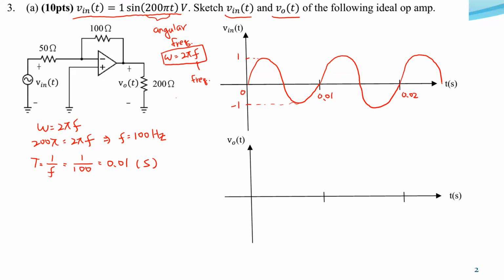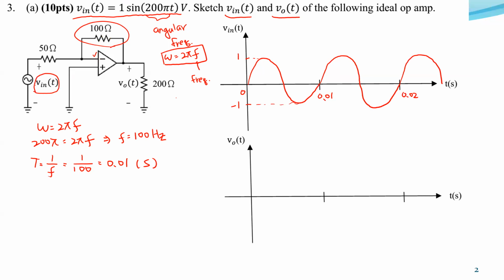And then we look at this amplifier. In this amplifier, it has a negative feedback that connects to the negative terminal, because for an operational amplifier, we always use negative feedback. And also the input voltage connects to the negative terminal.